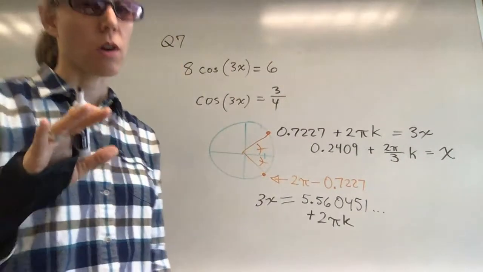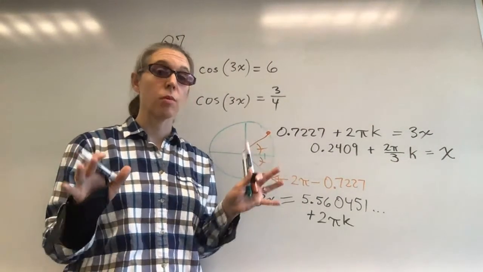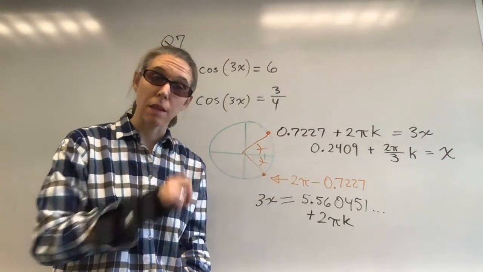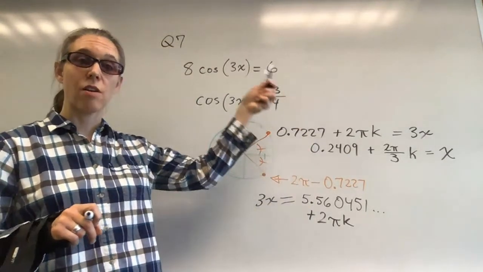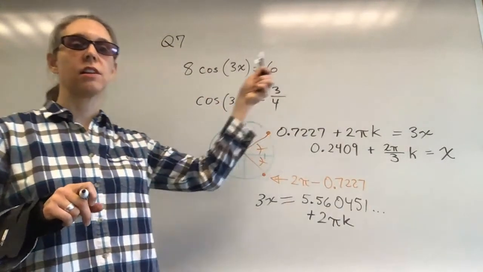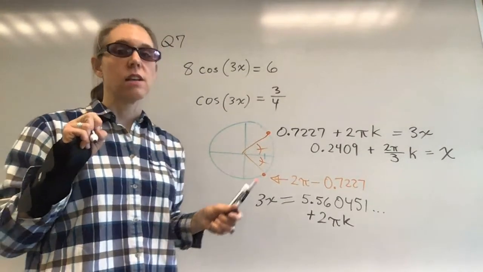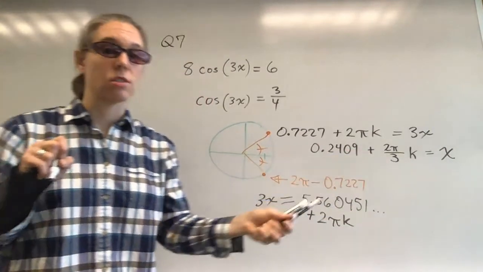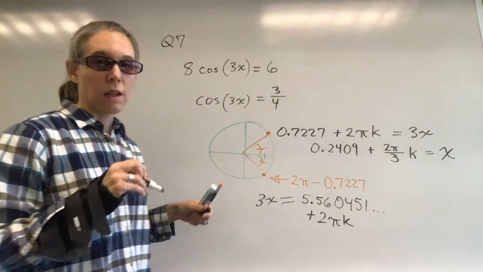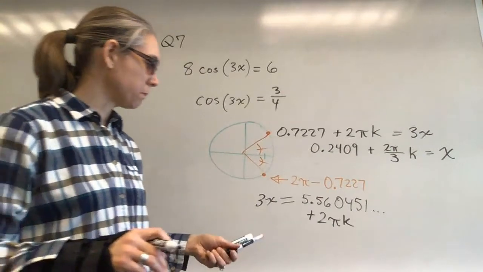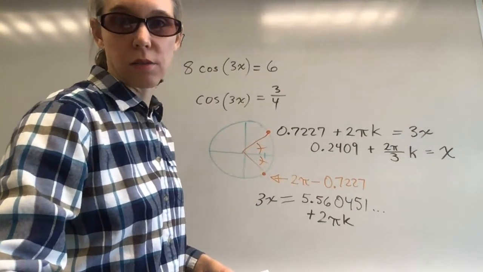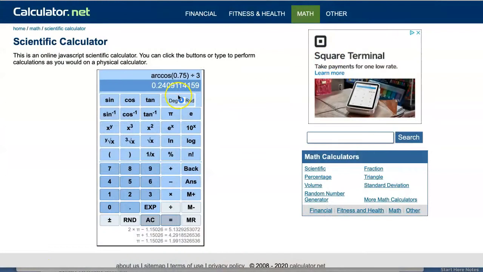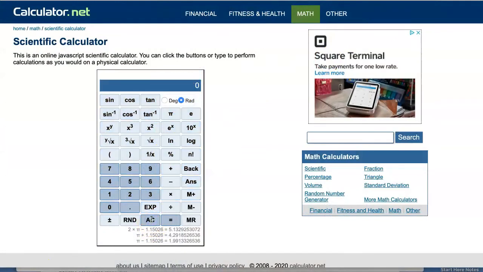Now we're not looking for all solutions, but we are looking for the smallest 3. So that's going to be useful because right now, as you can see, I currently have only 2 solutions. So I will need to use that plus 2 pi thirds k to generate a third solution. Now back over here, when we divide by 3, I'll just take this rounded value. 5.560451.